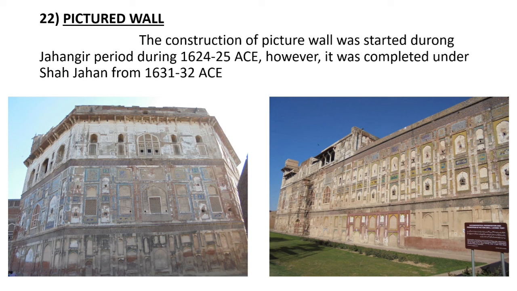You can see different scenes such as elephant or animal fight scenes, palanquin scenes, chariots, musical scenes, dancing scenes, and some war scenes beautifully provided on the Picture Wall. Once the river Ravi was flowing close to this wall, but now it has gone quite away from this particular portion.